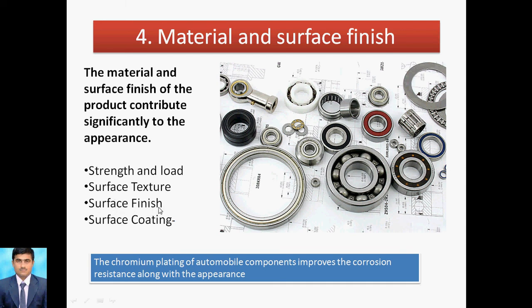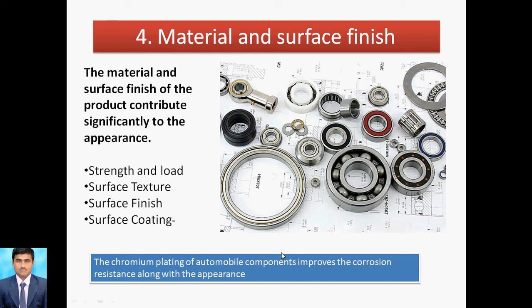Surface finish directly contributes to the aesthetic view, I can say appearance. Then surface coating. Surface coating is nowadays available as painting, spray painting, and electroplating. So it can provide an aesthetic view as well as protect against other resistance, right? So this is related to surface coating.